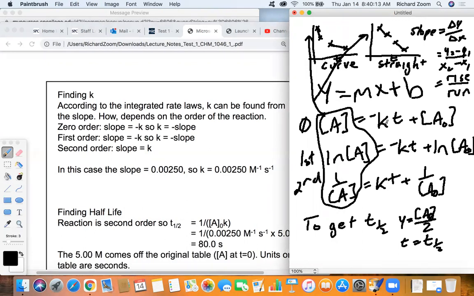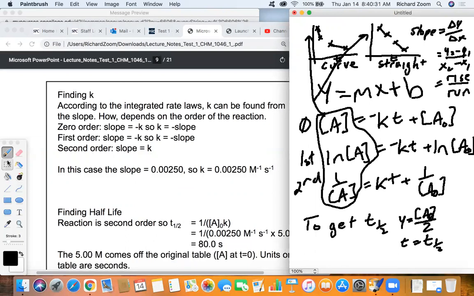Now you'll notice that in the case of 0, first and second, it's not always a consistent sign that comes out of the front of the K. There could be negative K, that's for 0 and first, and positive K is second. Now the reason for that, and I'm going to show you this here.